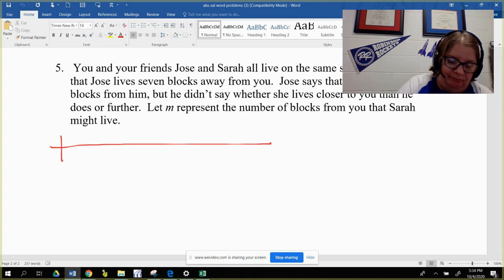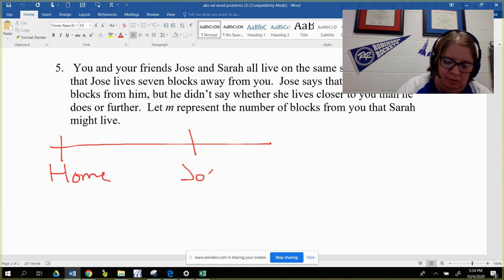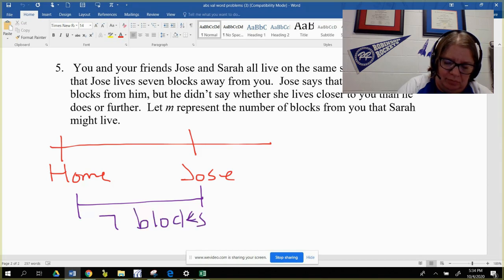Here's your street. Here's your home. And then you have Jose. And we know that this distance from home to Jose is 7 blocks. Now, we don't know where Sarah is for sure.